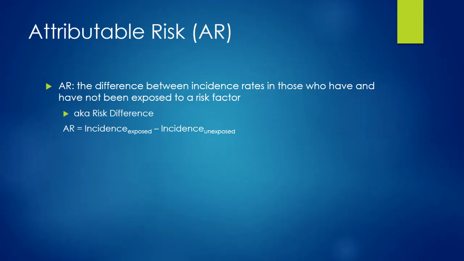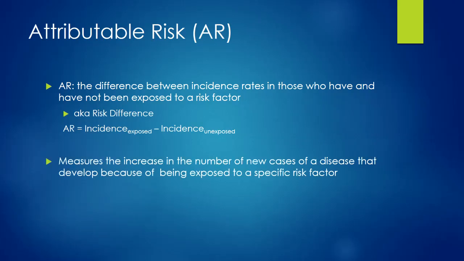This is also called the risk difference, and we just subtract the incidence in the unexposed group from the incidence in the exposed group. So it still gives us a measure of association, but it's also telling us the absolute increase in the number of new cases of a disease that develop because of exposure.